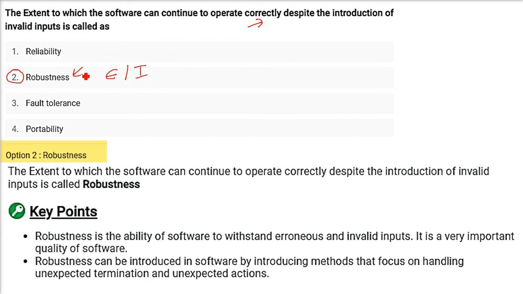You are trying to give those inputs which you know are going to deteriorate the software, or where some errors may come. Sometimes the software should also show graceful degradation if things happen like that. Fault tolerance is also one of the parts.